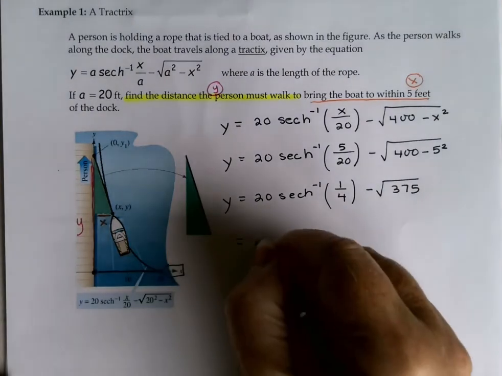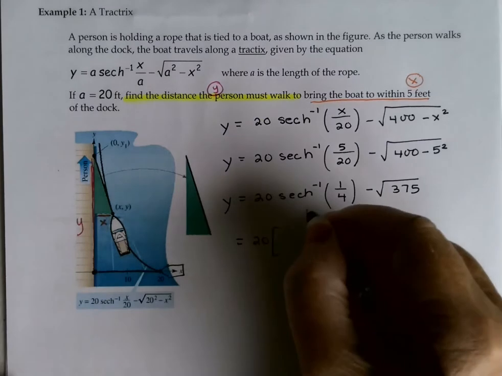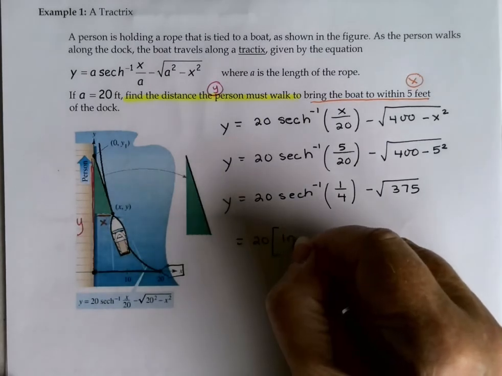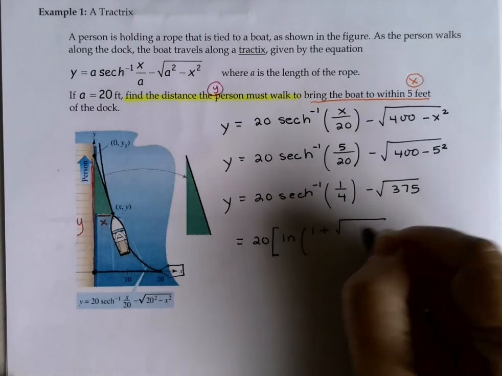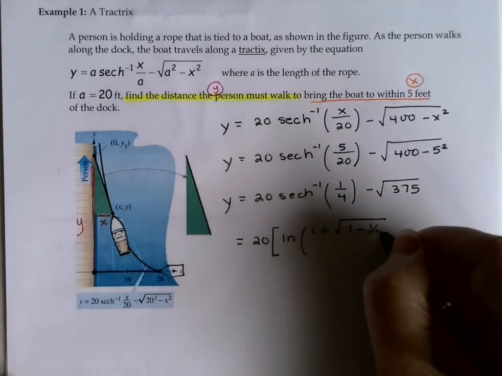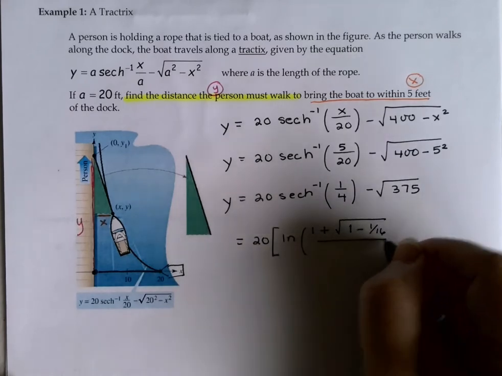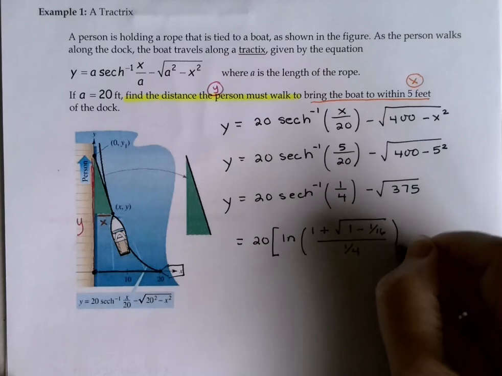So I would get 20 times, and the inverse hyperbolic secant is the natural log of 1 plus the square root of 1 minus this value squared, so 1/16, over that value, 1/4.